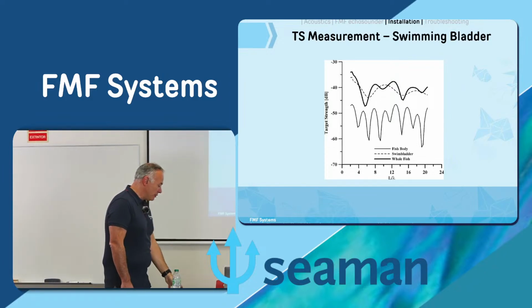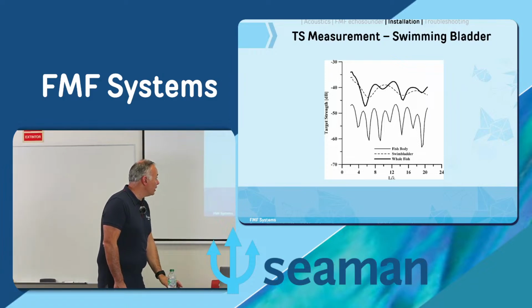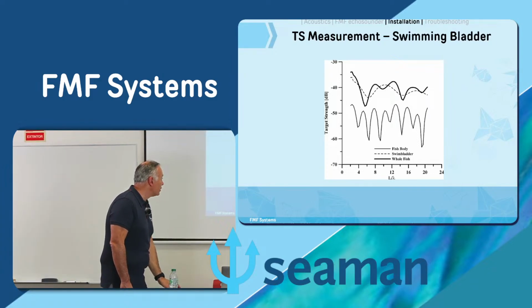You see what I told you, the importance of the swimming bladder. The dotted line is the response of only the swimming bladder, isolated. And then the solid, thicker line is the whole fish body, I'm sorry.